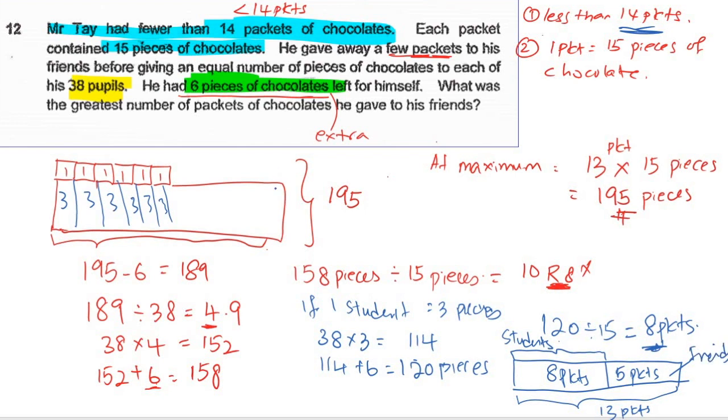Okay, so what is the greatest number of packets of chocolates? The greatest number is 5 packets.